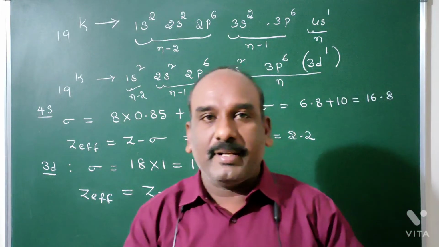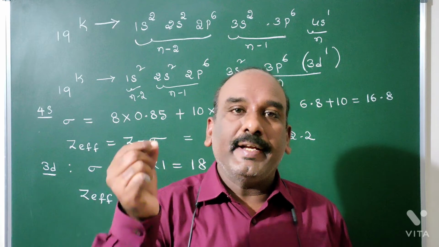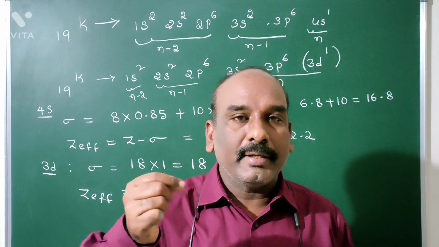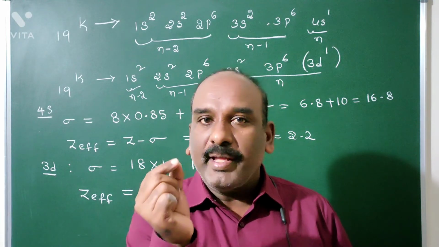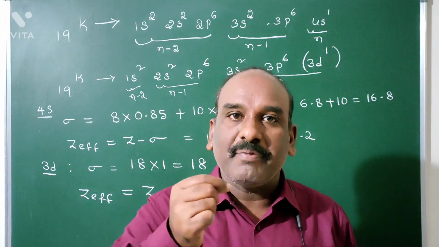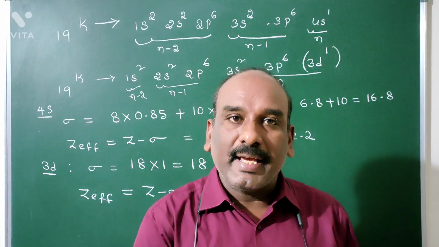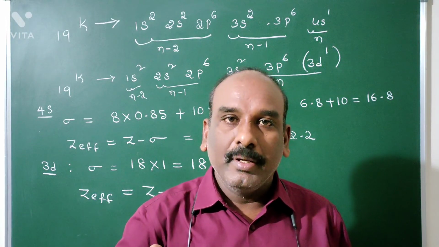Just one minute, listen. In potassium, the last 19th electron is entered in the 4s subshell, not in the 3d subshell. The reason behind this is, when the electron is entered in the 4s subshell, its effective nuclear charge is 2.2. When the electron is entered in the 3d subshell, its effective nuclear charge is 1.